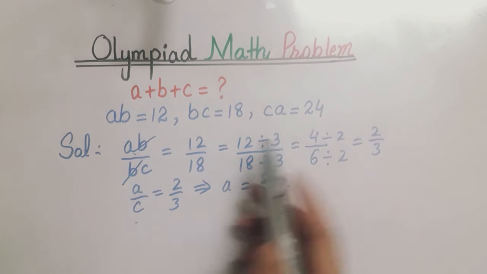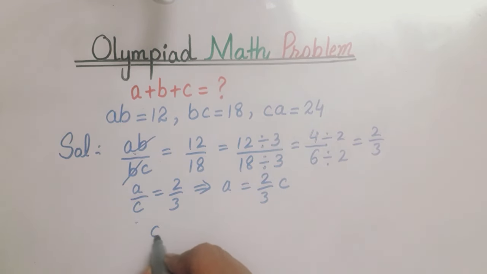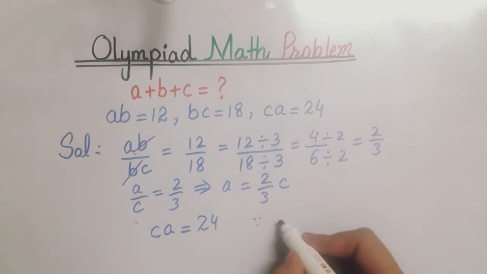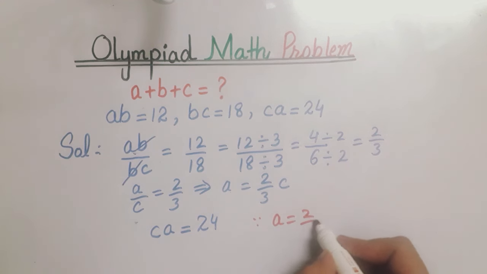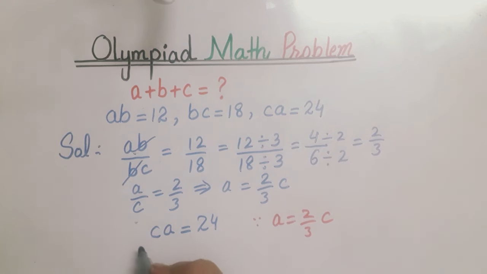Now here is the equation CA equals 24. In this equation we will substitute the value of A, that is 2 by 3 C. So we get C into 2 by 3 C equals 24.